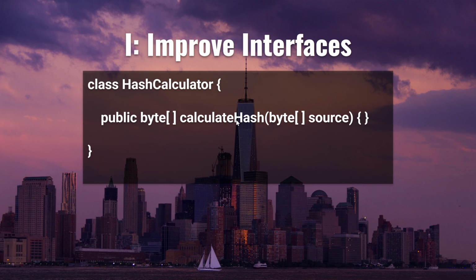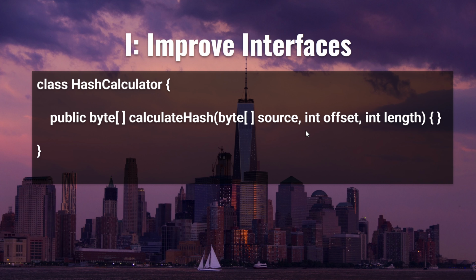However, what if you wanted to calculate a hash value from only part of an array? How would you do that? Well, right now, the way this method is structured, you would unfortunately have to create a new array, copy the section of your original byte array into that array, and pass that array to this method.